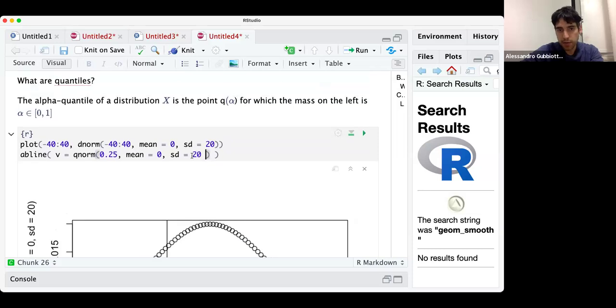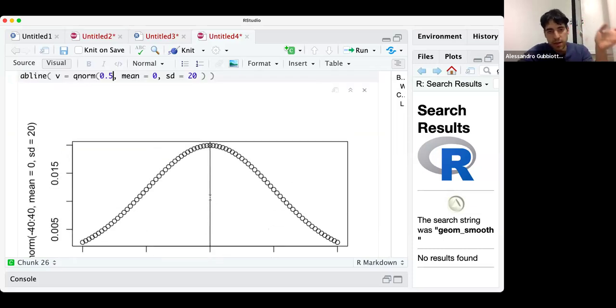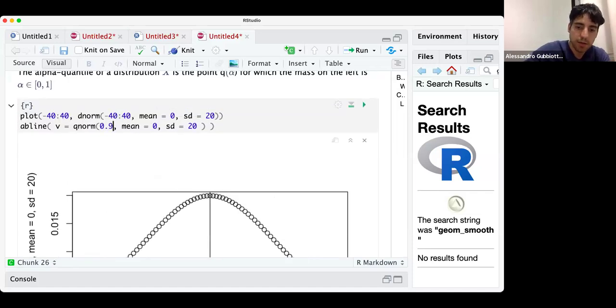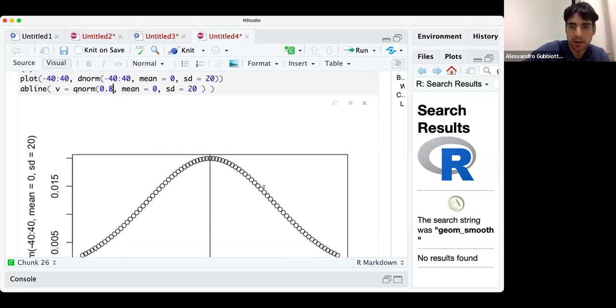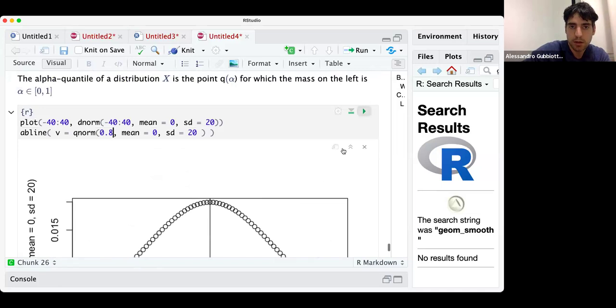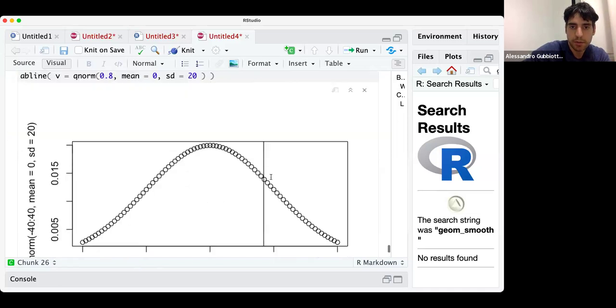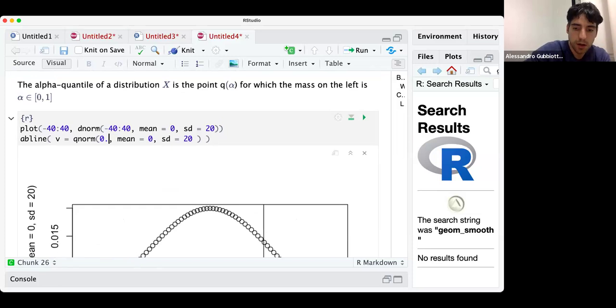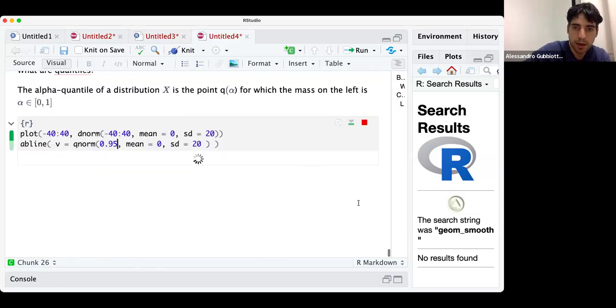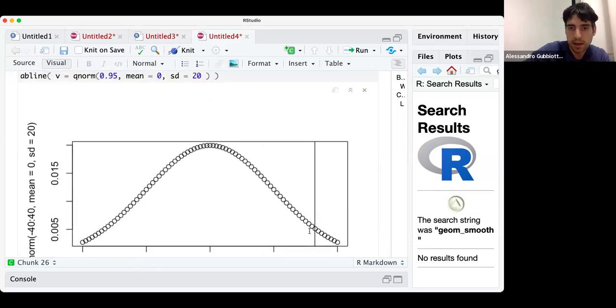If I take 0.5, it gives me the center of the distribution, because on the left there is 50% of the mass. If I take 0.8, it will be more or less here. And 0.95 is here: 95% of the mass is on the left.